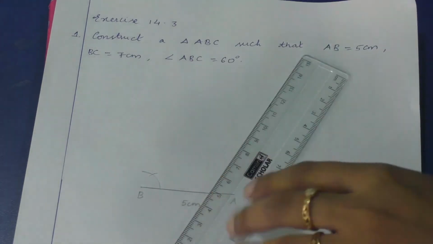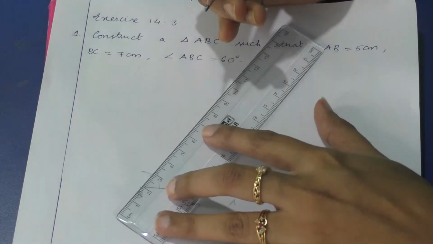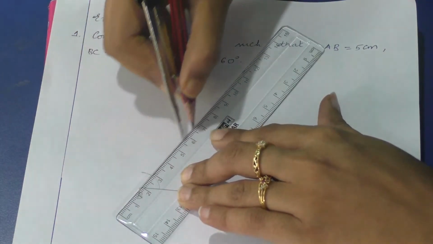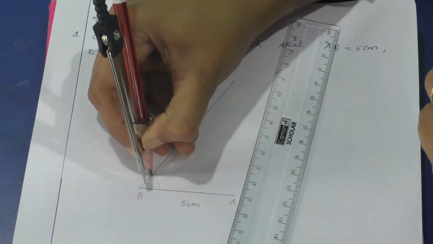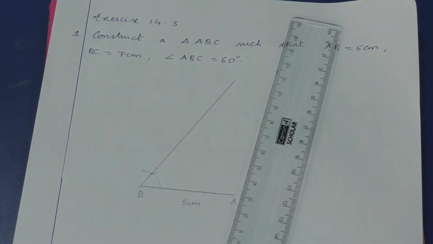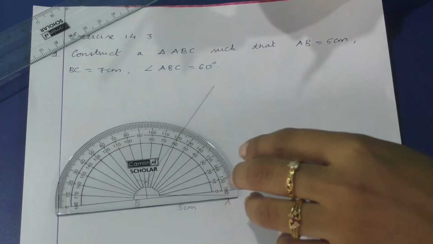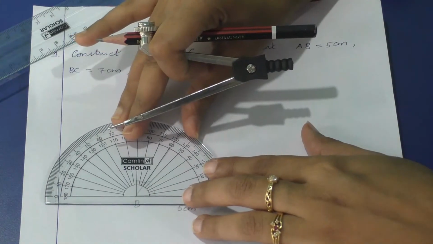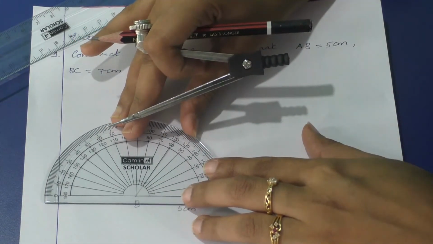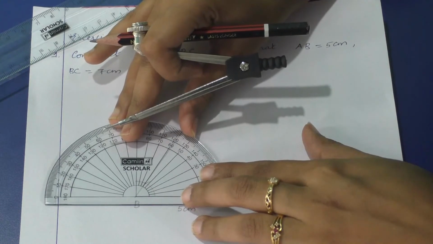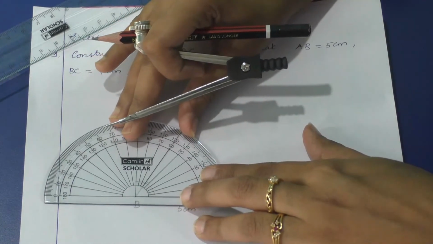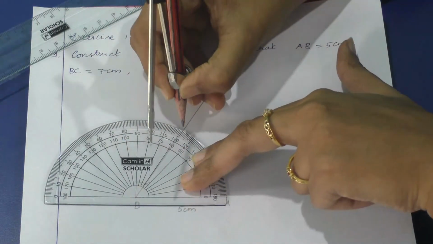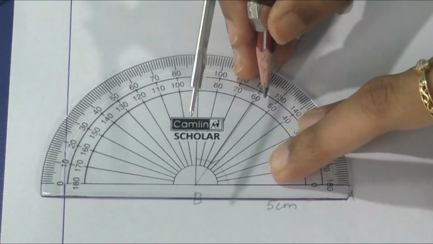And let's join the point and the arc here, and this angle formed will be 60 degree. Children, now let's check whether the angle formed is 60 degree or not. See here with the compass and scale alone I have drawn 60 degree.